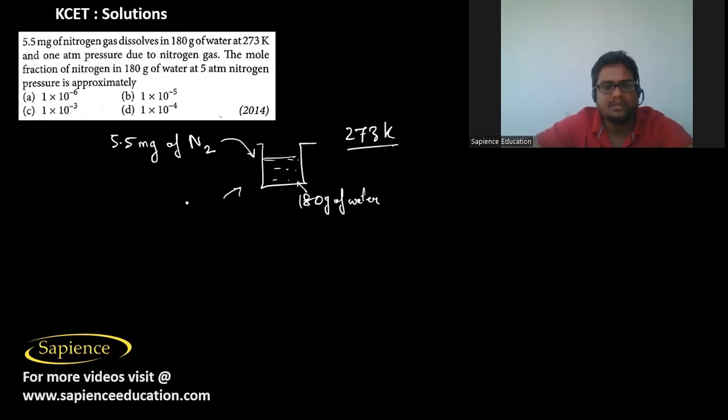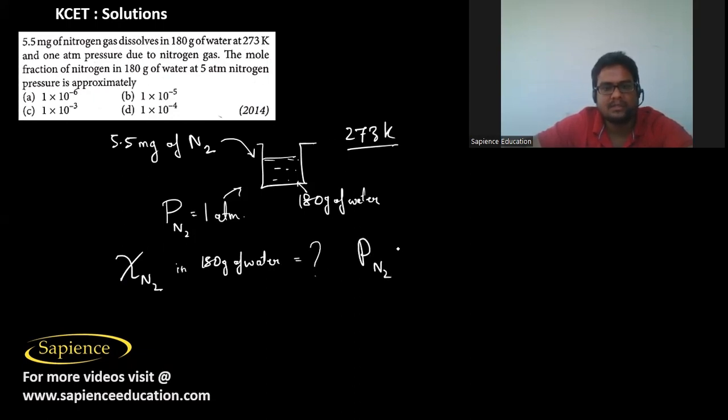So here the partial pressure of nitrogen gas is equal to 1 atmosphere. What will be the mole fraction of nitrogen gas in 180 gram of water if the partial pressure of nitrogen gas is 5 atmosphere? That is asked.